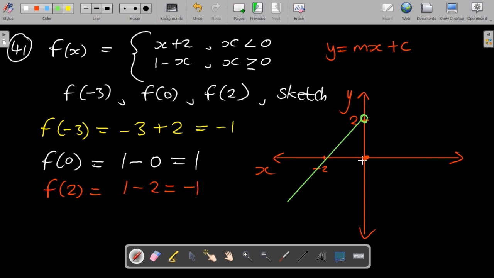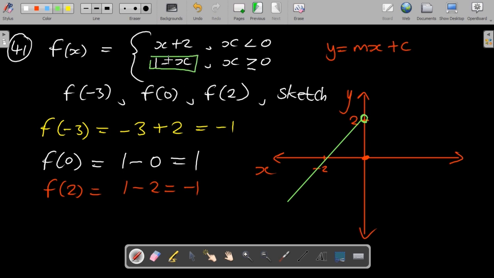Now at that point at 0, we also have this function. And this one says x greater or equal to 0, which means that at the 0 point, we're going to include, or shade, our circle. So let's sketch this.